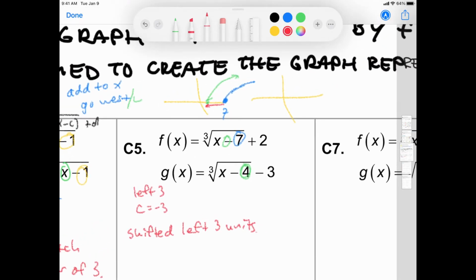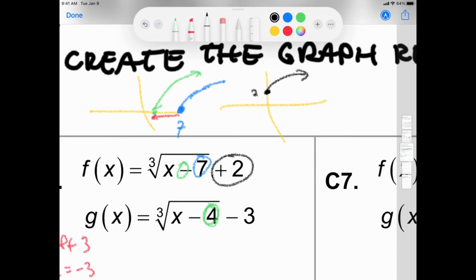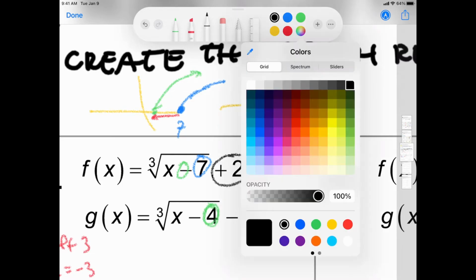Okay, let's do the same thing now with, let's just say the parent graph here at +2. Looks like this. And then let's take a different color we haven't used. Let's use my favorite color, and this would be purple.